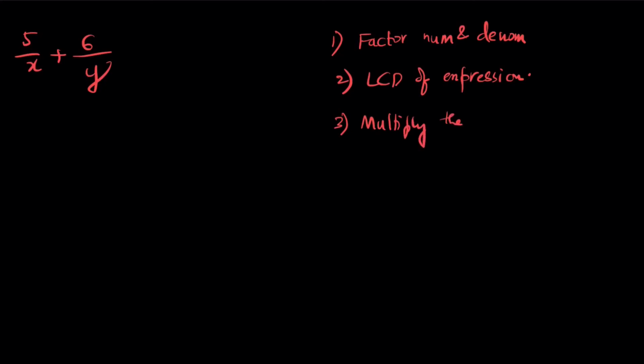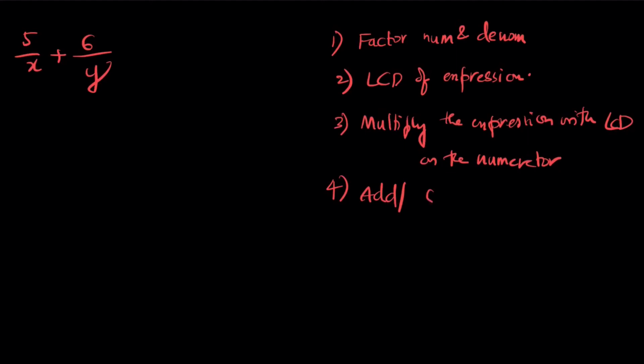So multiply the expression with LCD on the numerator. And finally 4, add or subtract the numerators. And finally 5, simplify.